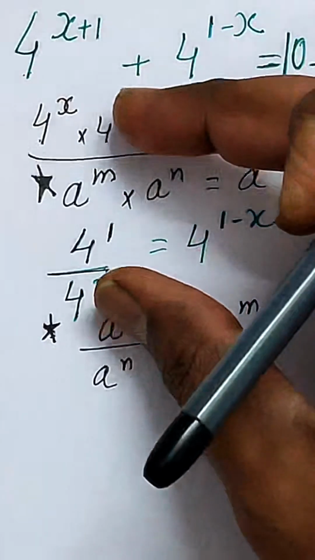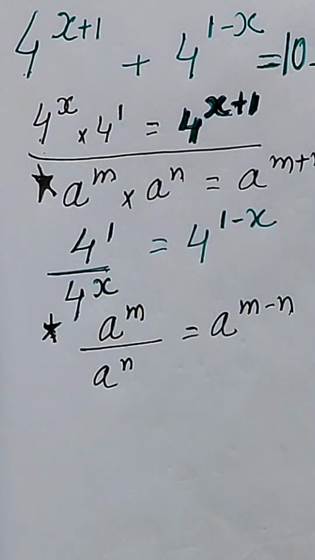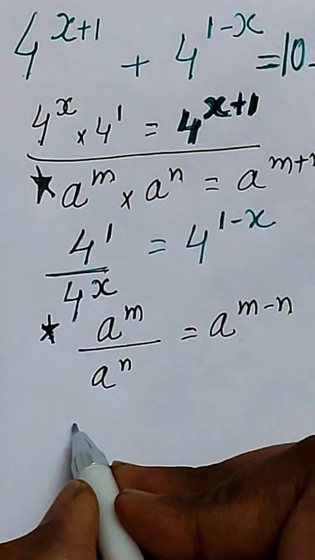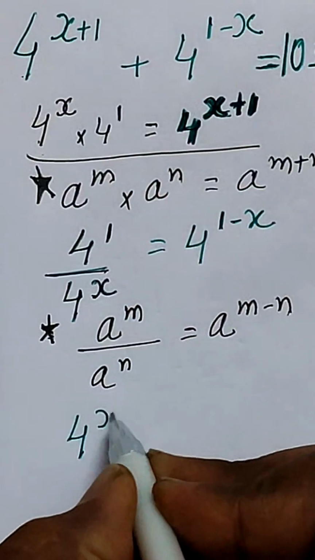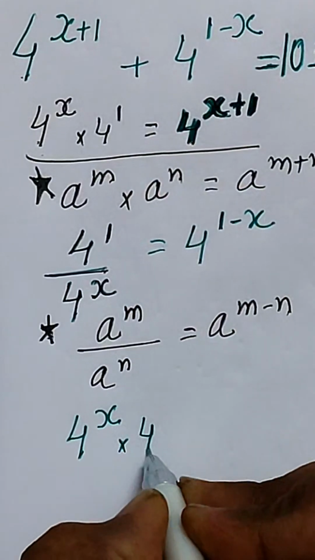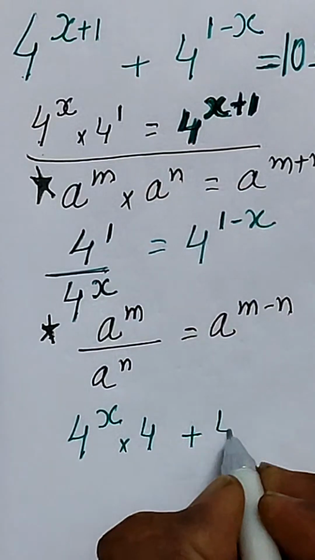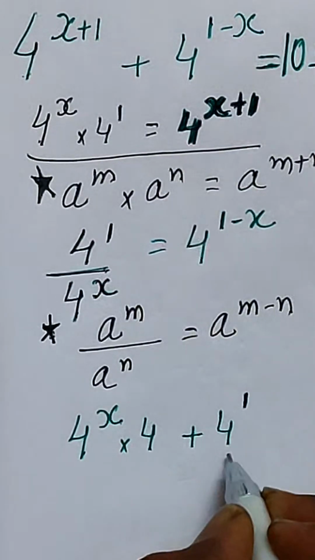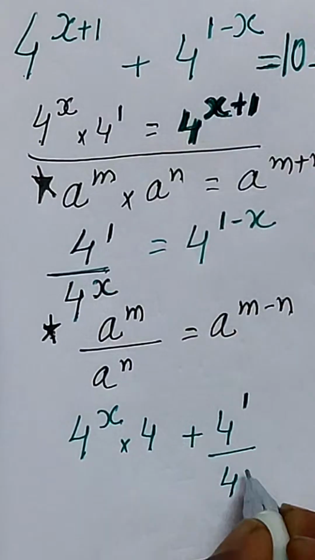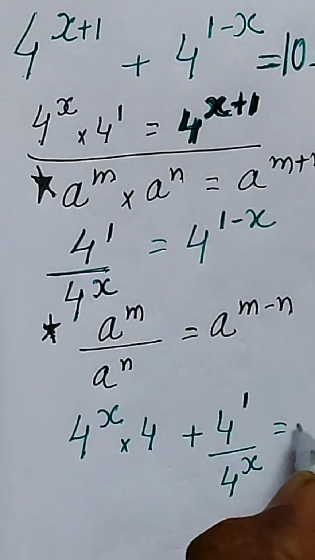These two terms can be written like this, and our equation will look like this: 4 power x into 4 plus 4 power 1 by 4 power x equal to 10.